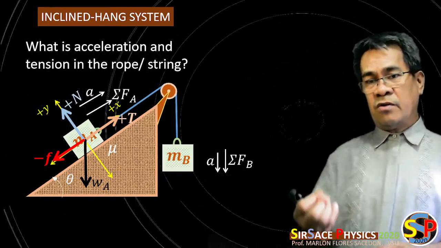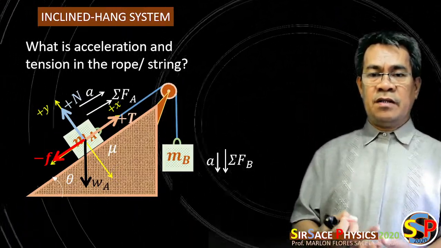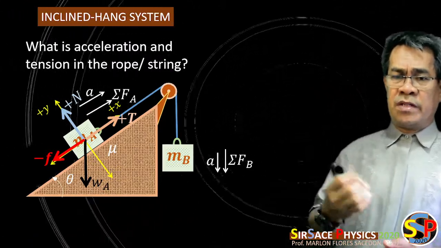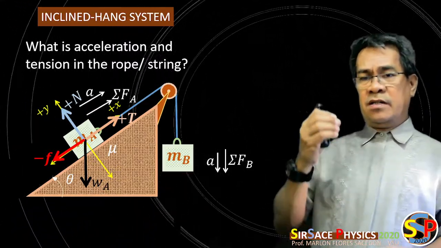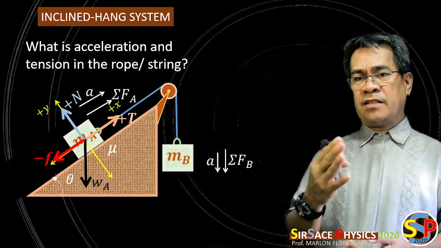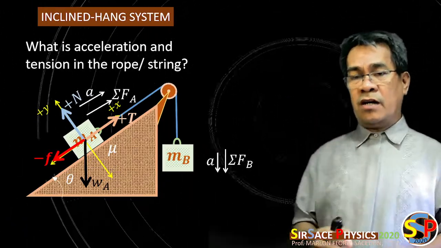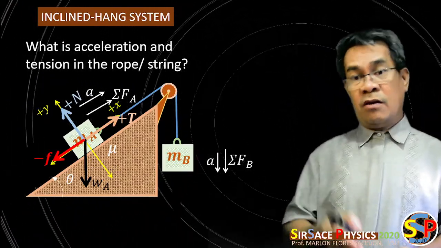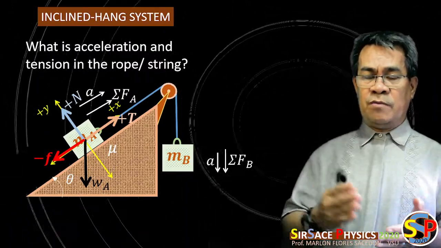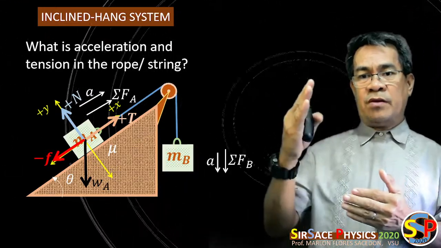So there are only four forces on the object. Be sure that when you construct the free body diagram, all forces are reflected. Remember that in the free body diagram, we want to obtain the net force, and the net force occurs along the x-axis. Along the y-axis, the net force is 0, because there's no possibility that the object will move towards positive y or negative y.